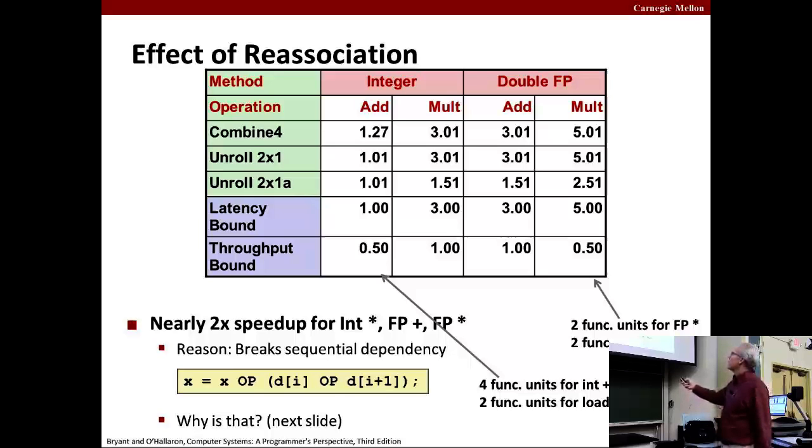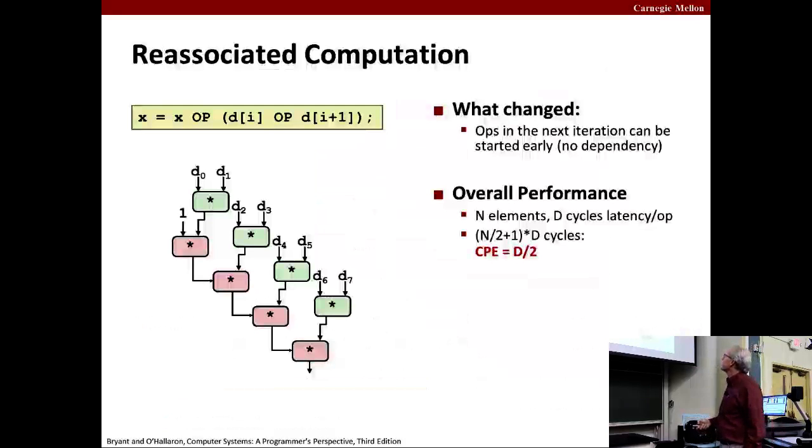But I'll use this lowercase a to say I've done an associativity transformation. And you see, all of a sudden, my time has dropped in half for these 3 cases. So something's going on, and let's see why that is.